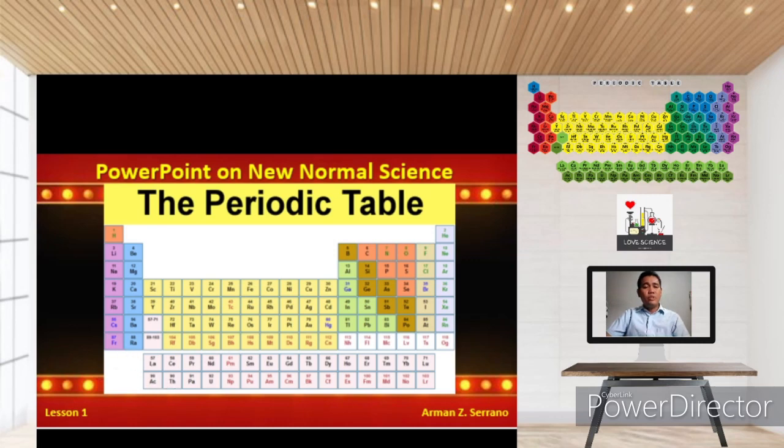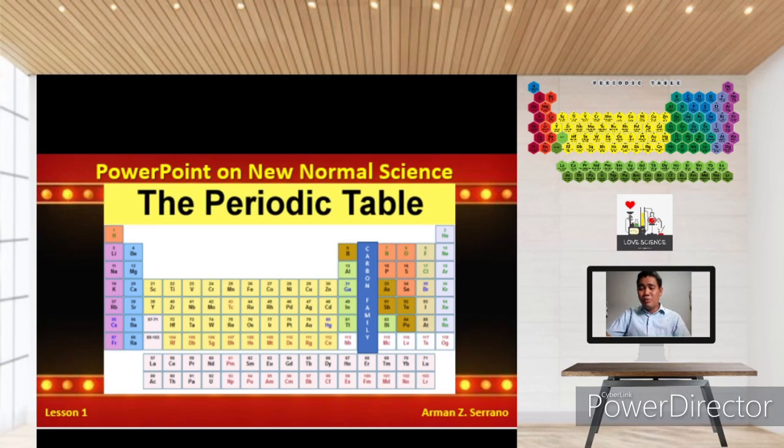Let's explore the different families or groups in the periodic table. If you know the answer, just follow me. We have group 1A, the alkali metals. What about group 2A? Very good. Alkaline earth metals. What about 3A? Boron family. Very good. What about 4A?